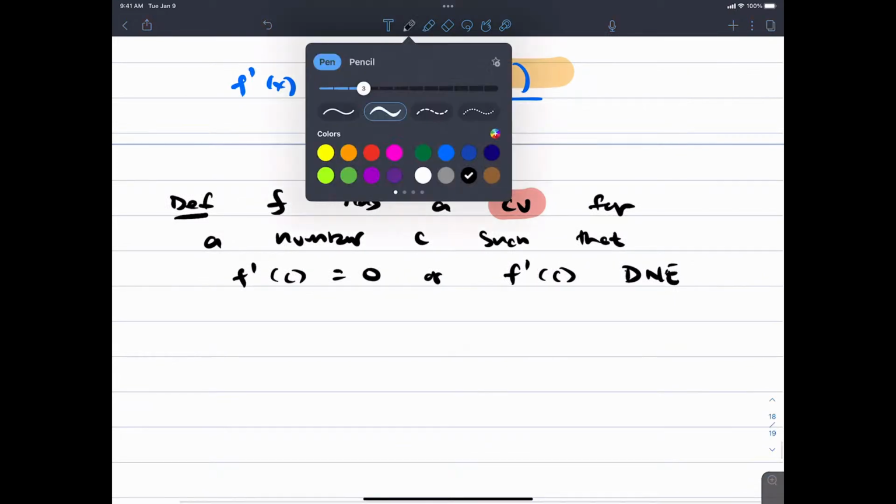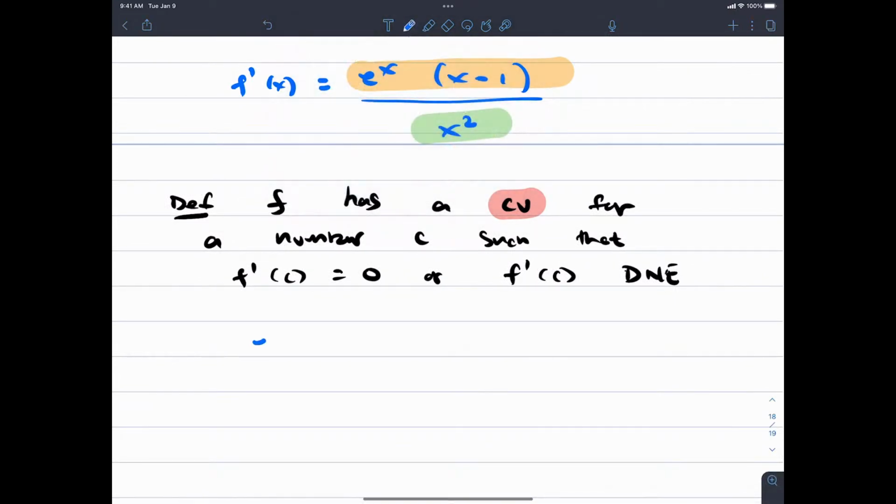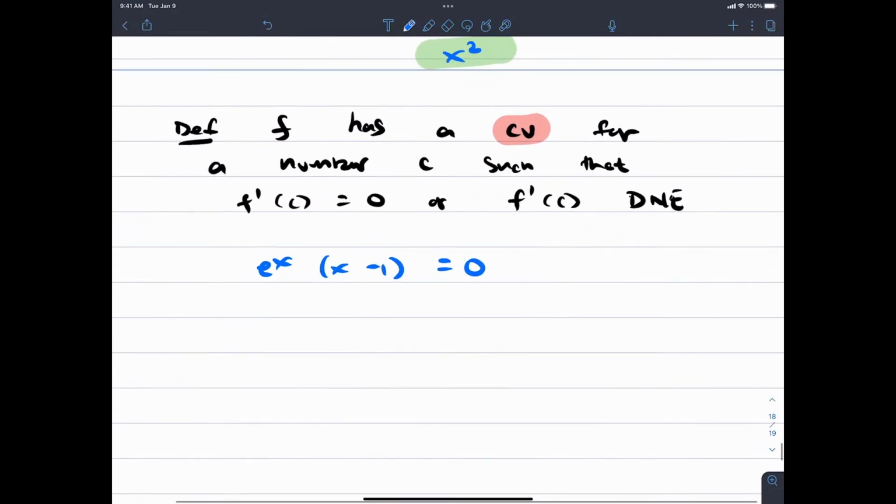Okay. When you set that numerator equal to 0, though, you get e to the x minus 1 is 0. And then what do you guys say here about this? The product rule, or not the product rule, I take it back. The zero product rule. If you have a product and it equals 0, what does that mean?